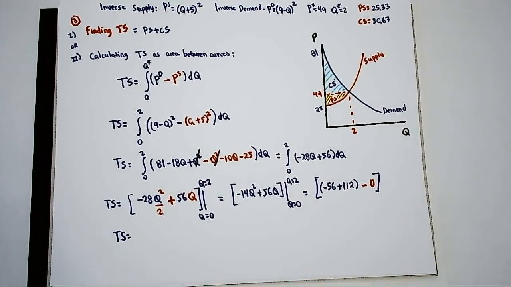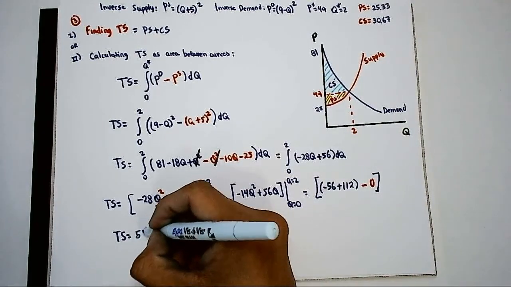This means that total surplus is equal to 112 minus 56 is 56.